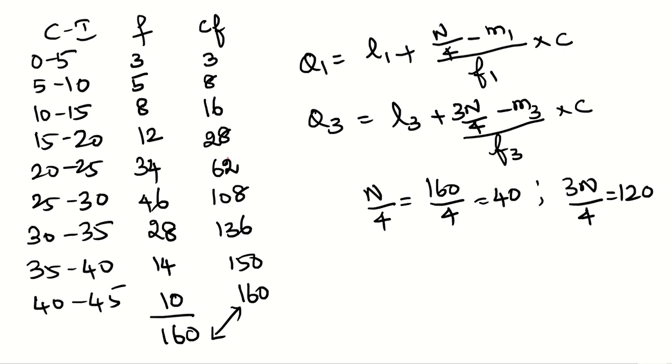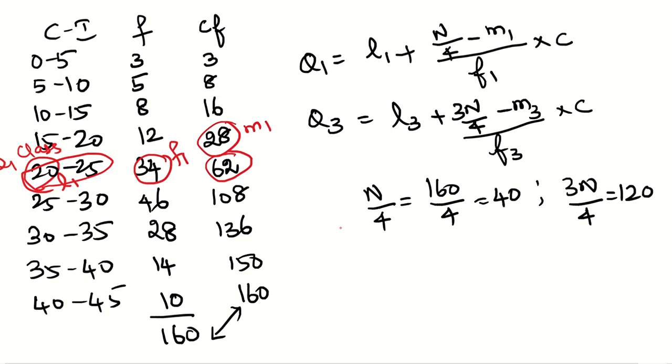In the cumulative frequency, we find the value just greater than 40, which is 62. So the corresponding class will be the Q1 class. Here 20 will be the L1 value, the corresponding frequency will be the F1 value, and the cumulative frequency preceding the Q1 class is the M1 value.